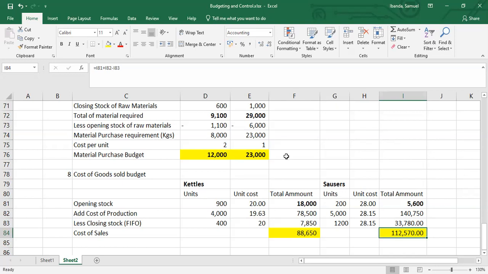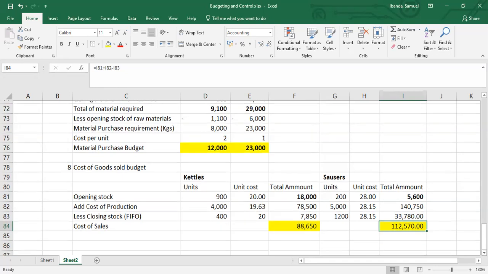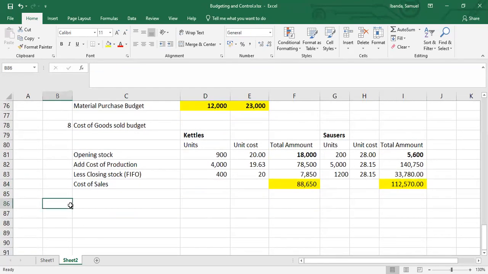Now, still as part of the question, they also asked us to get what they call the cash budget. Just call this part 9.